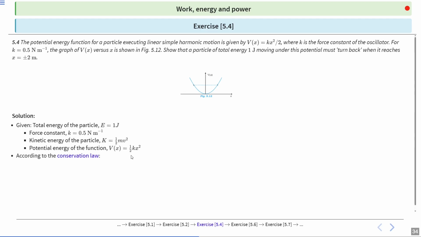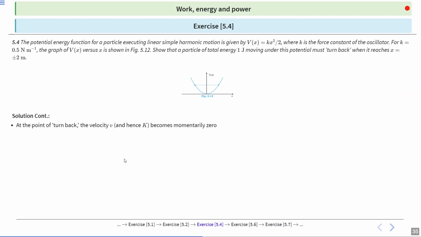So according to the law of conservation, total energy is equal to the sum of potential energy plus kinetic energy. So total energy is 1 joule, potential energy is 1 by 2 kx square, and kinetic energy is 1 by 2 mv square. Yes or no?